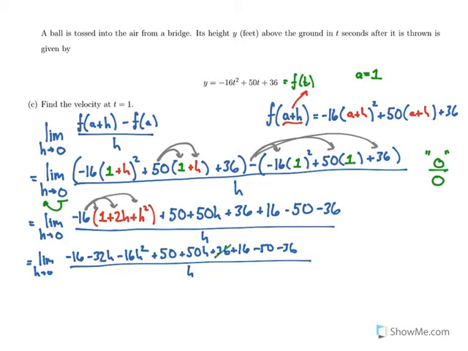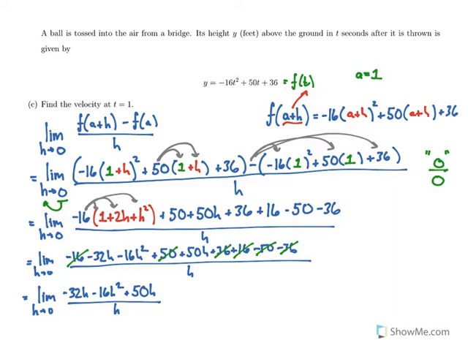We have a positive 36 and a minus 36, positive 50 and a minus 50. Here's a minus 16 and a positive 16. And then we are left with minus 32h minus 16h squared plus 50h over h.